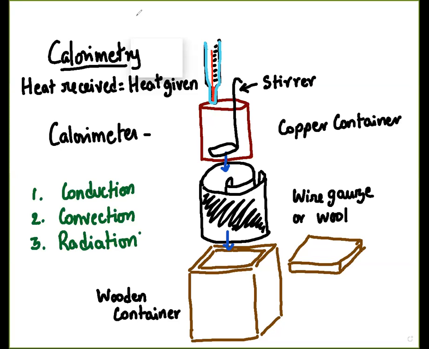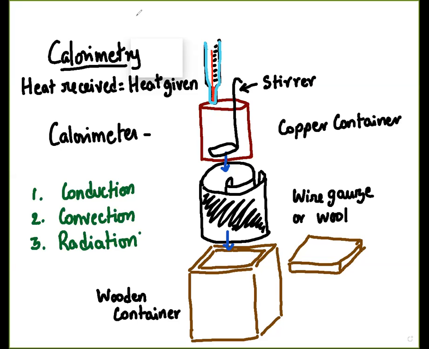If we control for that, then we will be able to get a value for the calorific content, or the heat content, of the P closer to its experimental value. This can be done by avoiding loss of heat from the water, which mainly happens in three ways. They are conduction, convection, and radiation.